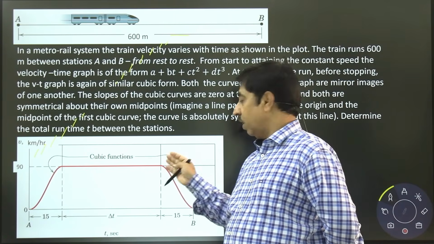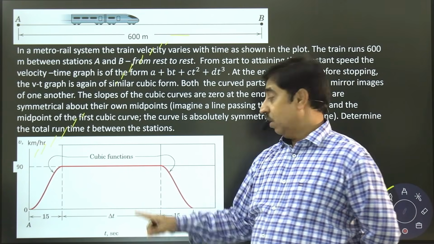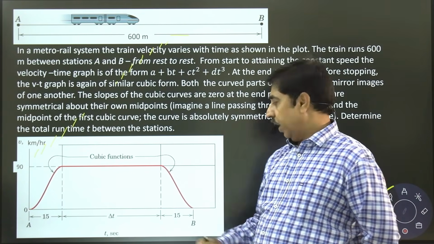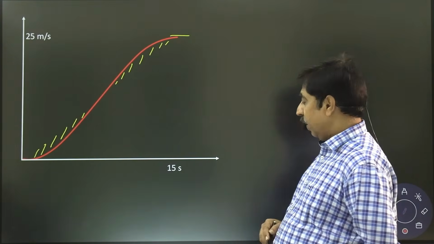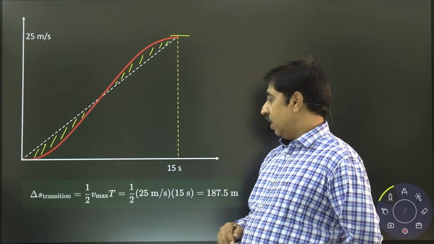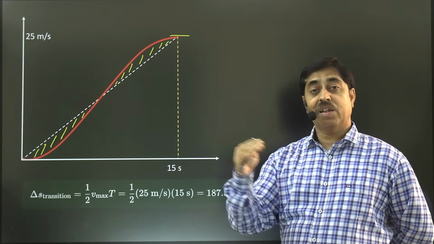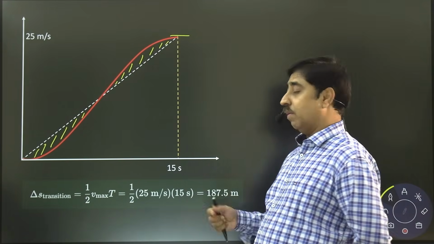Then for some time it travels at constant speed and then again decelerates. Now when it decelerates, this curve is mirror image of that. So again, area under this part of the curve and time axis will be same, which means during the acceleration and the retardation phase of its motion, train travels 187.5.